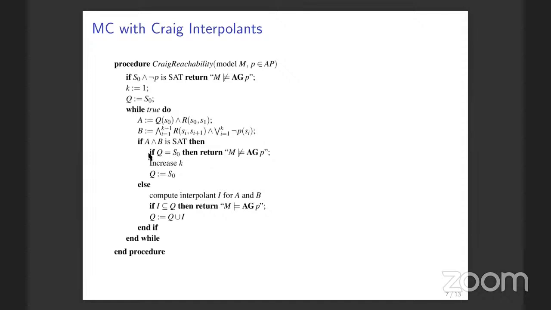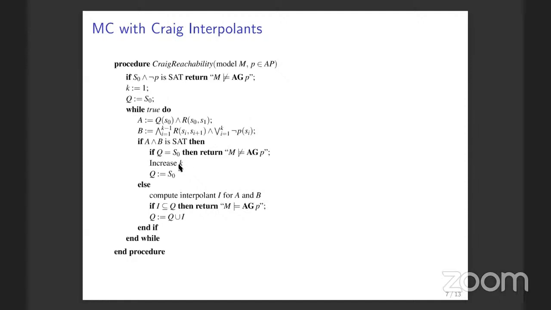So the first part, the then part in here, starts with the usual BMC. Now you go up to K, and if you have not found any counterexample to K-long path, then you want to see if you have reached an inductive invariant.